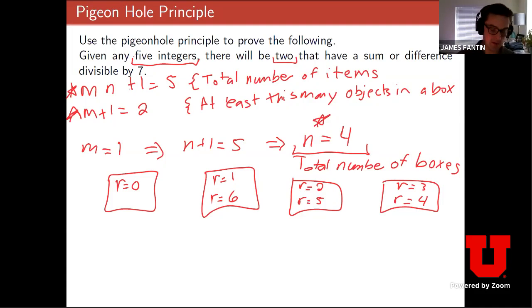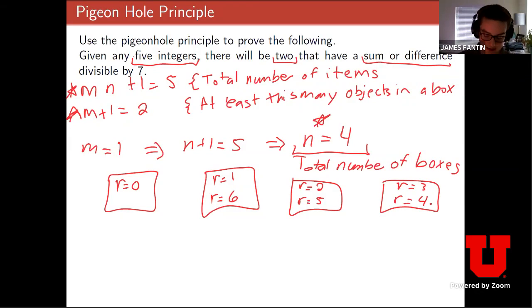And why did we pick this? Why did we pick to look at the remainder here? Well, since we're looking at the sum or difference of integers divisible by 7, what we notice here is that the sum of the remainders 1 and 6 is 7. The sum of the remainders 2 and 5 is 7. The sum of the remainders 3 and 4 is 7.